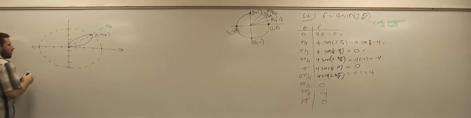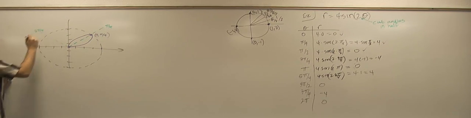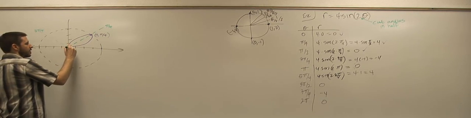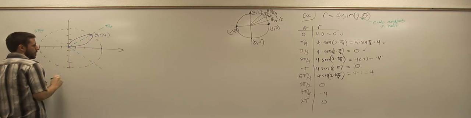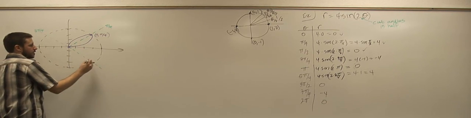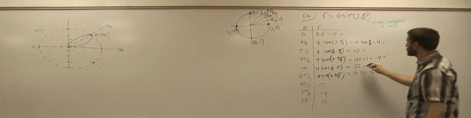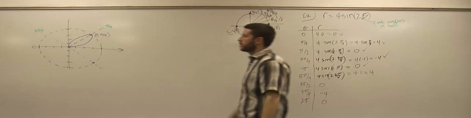You got to be a little careful. Here's 3 pi over 4. Which way is -4 going to go? Down to the 4th quadrant, right? So this is my next point. Then back to r equals 0.